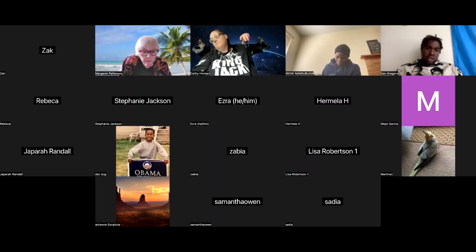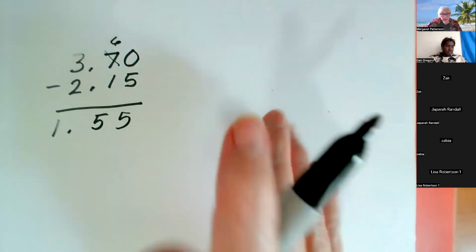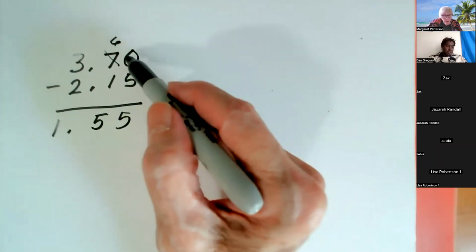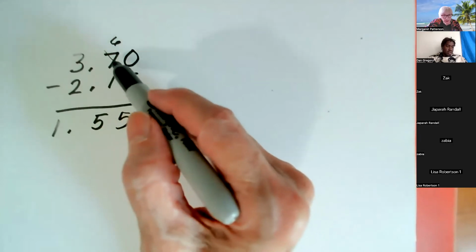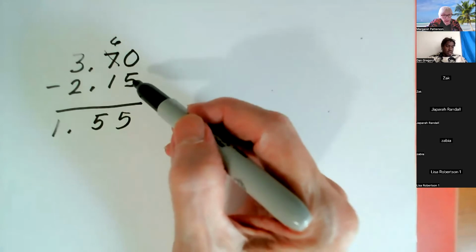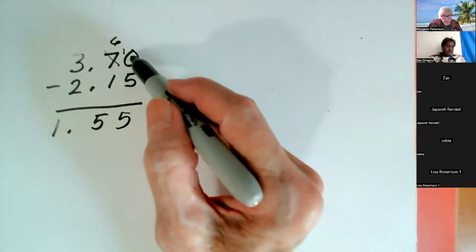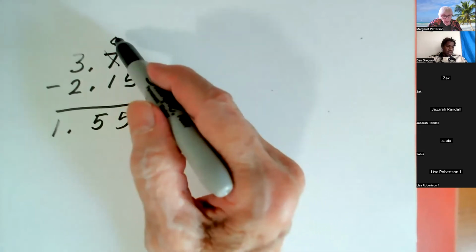Let me just quickly bring this up. So what I did was I added a 0 to the 3.7, 3 7/10. When I added a 0, now it looks like money. I borrowed 1. 5 from 10 is 5, but I had to borrow.